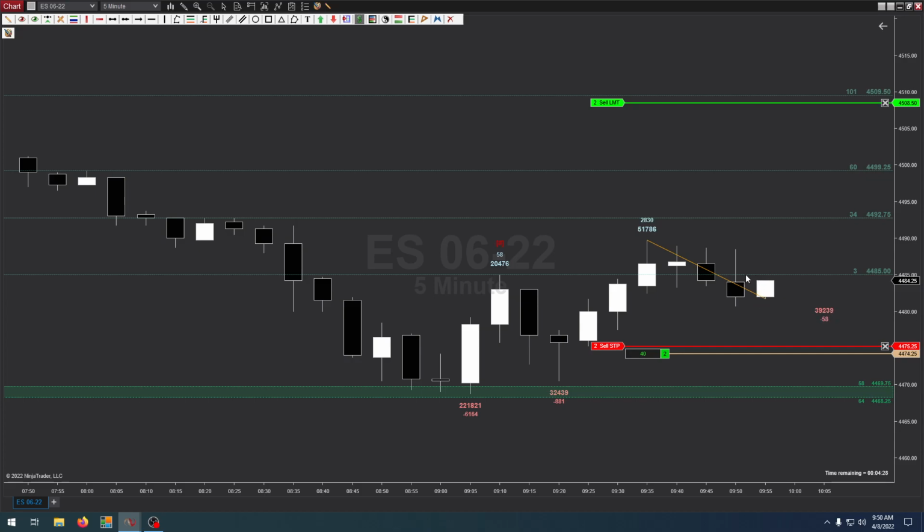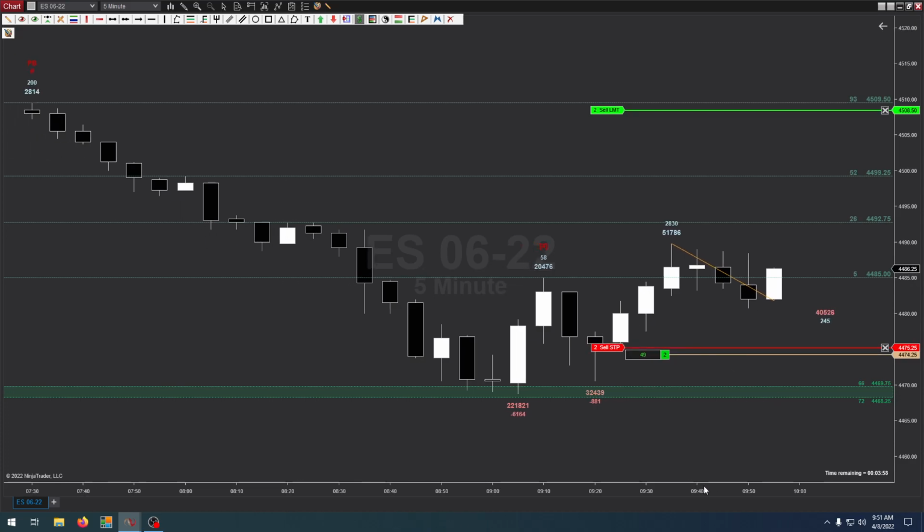Retesting this level here, it looks like. See if it's going to remain resistance. Not getting our confirmed swing short here, which I would rather have.